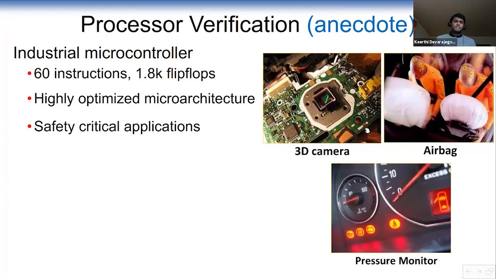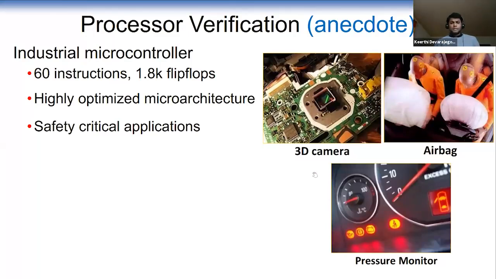The microarchitecture of this controller was highly optimized for specific safety applications. On the right, you see some of the applications this controller is being used in. It is already in the field in many cars, and in 3D cameras, airbags, and tire pressure monitoring systems.